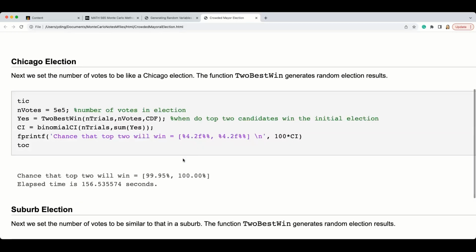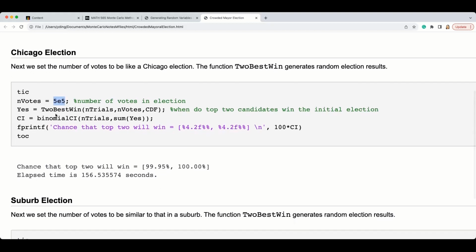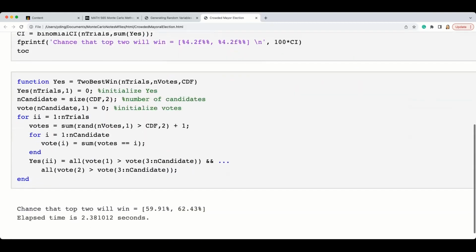Okay, so here we suppose the votes is 5 times 10 to the 5. Okay, and then here is yes, 2 best win. So what is that? We have a function.